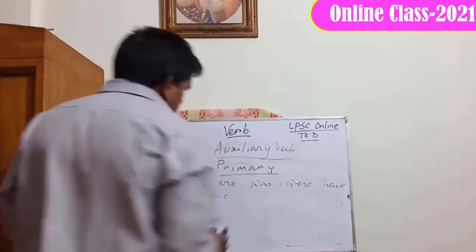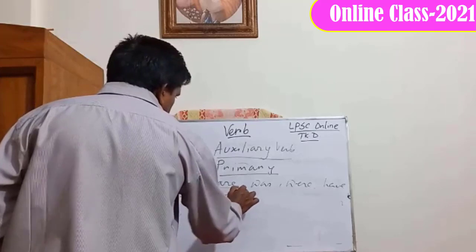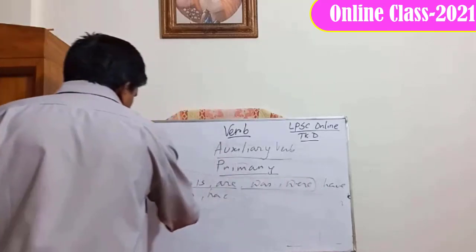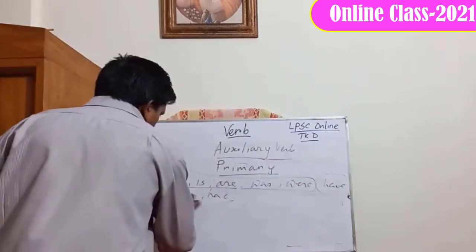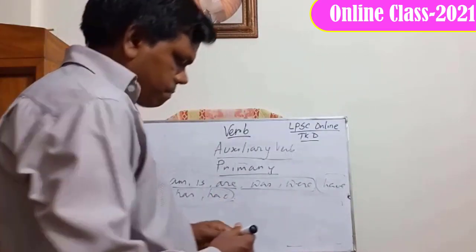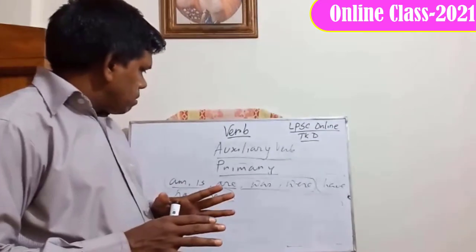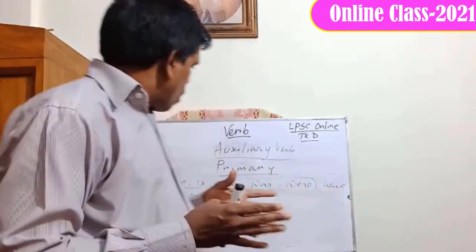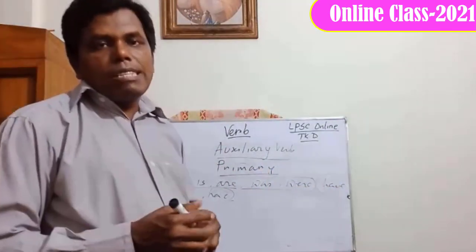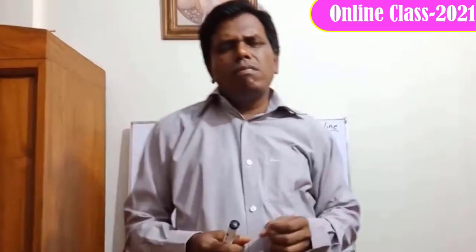Some grammarians say that am, is, are, was, were are to-be verbs, and have, has, had are to-have verbs. Okay, they are all primary auxiliaries. So what are the characteristics or features of the primary auxiliaries? Okay, they have a special feature, you know.